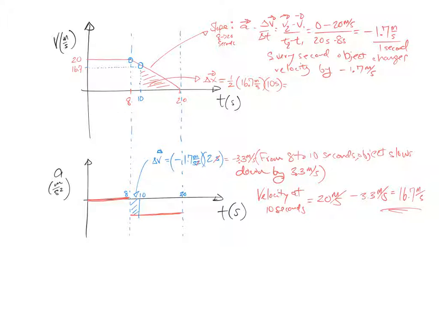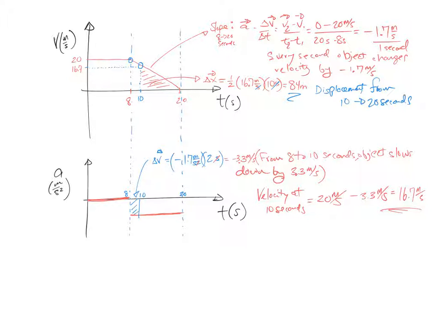Okay, so that's basically 5 times 16.7. So 5 times 16.7 is about 84. 84 meters, because these seconds cancel. So I just found the displacement from 10 to 20 seconds.